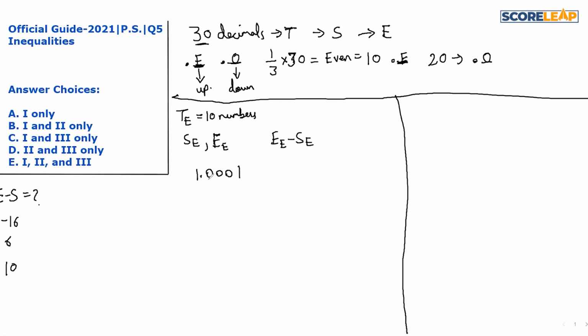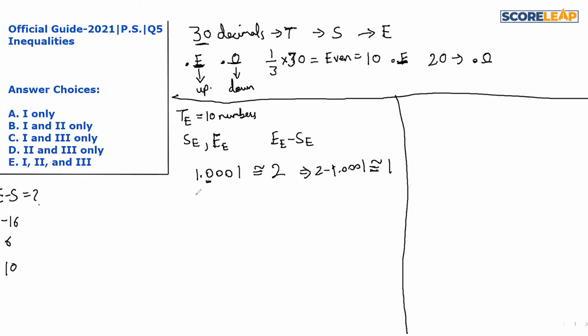Here the 10th digit is an even integer because 0 is an even integer. The estimated number will be 2 because we have to round it up. The difference will be 2 minus 1.0001, which is approximately equal to 1. So this is the maximum difference that we can have.